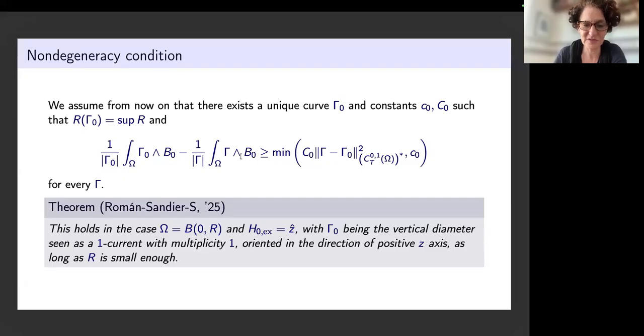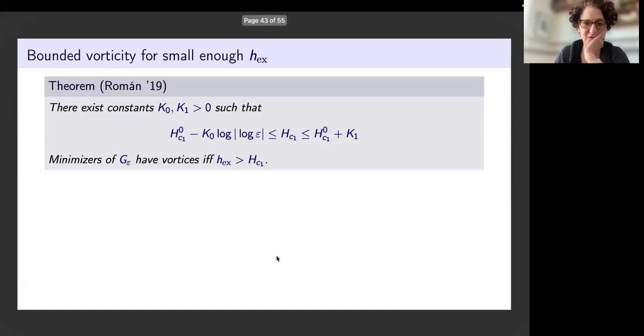And we also assume this form of non-degeneracy, which is that if you look at other curves that don't achieve the max, you can bound from below in terms of a certain weak norm of the distance. This non-degeneracy that we assume, we can prove at least in the case of balls, when, as I said, the vector field is vertical and the ball is of small enough radius.